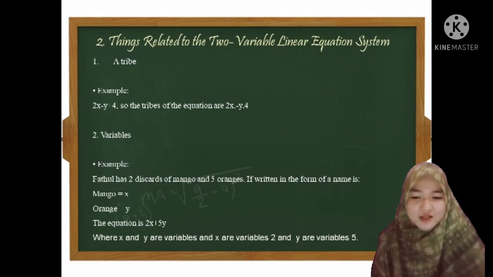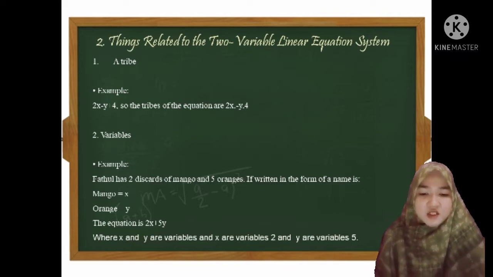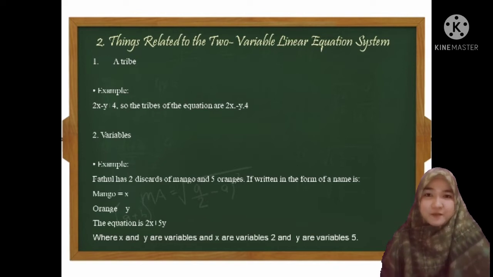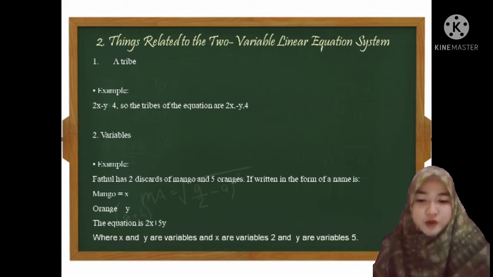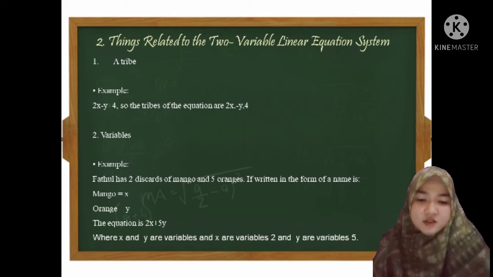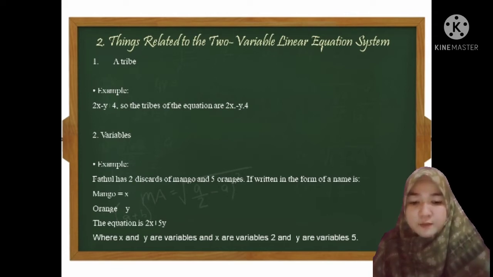Each term is separated by a summation or subtraction sign. Example: 2x minus y plus 4. So the terms of the expression are 2x, minus y, and 4.